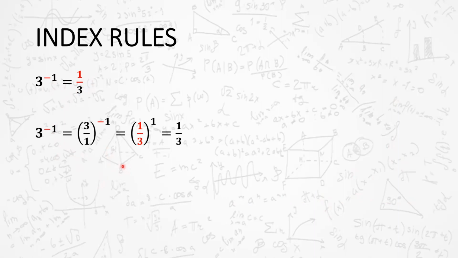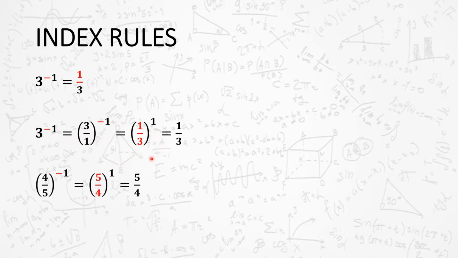If you want to use the flipping method, 3 is equivalent to 3 over 1. 3 to the power minus 1 equals 3 over 1 to the power minus 1. Then the negative sign indicates a flipping or the reciprocal. So 3 over 1 becomes 1 over 3, then the negative sign has done its job. 1 over 3 to the power 1 is itself, equals 1 over 3.